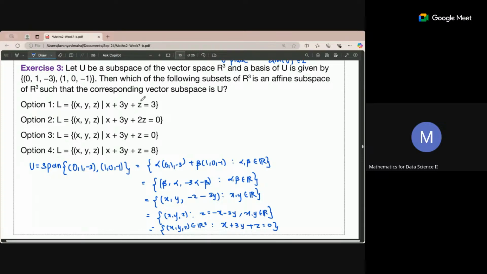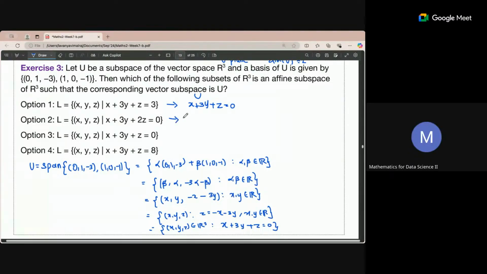Now we have to compare with the solutions here. The question is, which of the following subsets of R3 is an affine subspace of R3 such that the corresponding vector subspace is U? For the first one, what is the corresponding U? x plus 3y plus z is equal to 0.